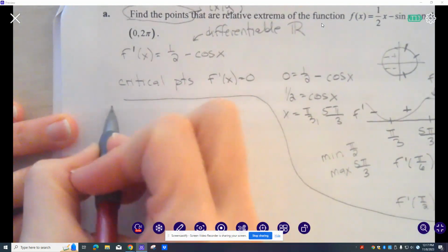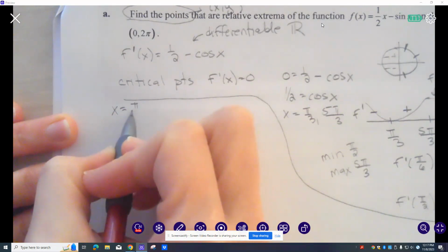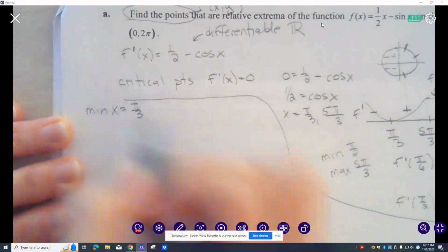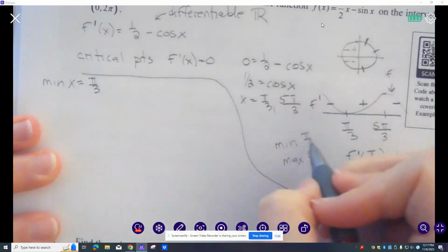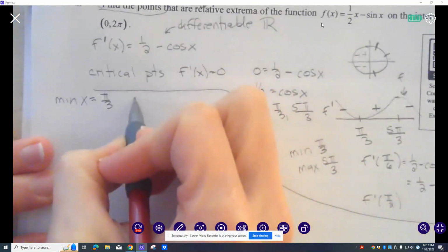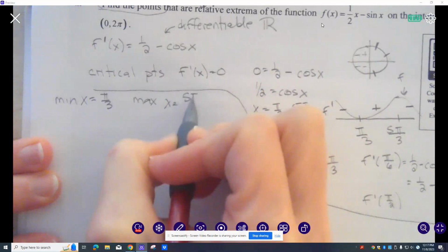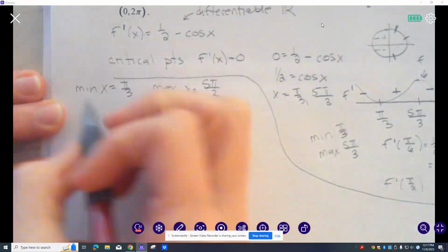I already know I'm checking x equals pi over 3. That's my min. I wrote pi over 2 here. It should have been pi over 3. And my max at x equals 5 pi over 3. So I need to find the y value that goes with that.